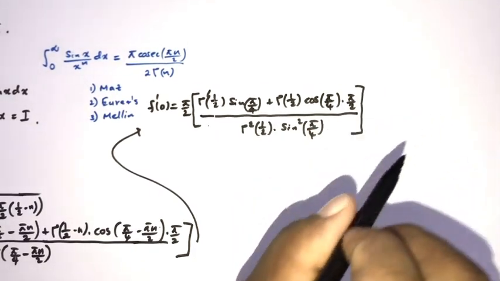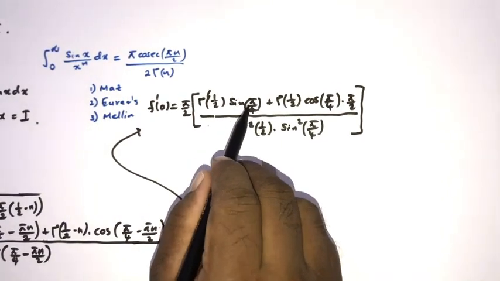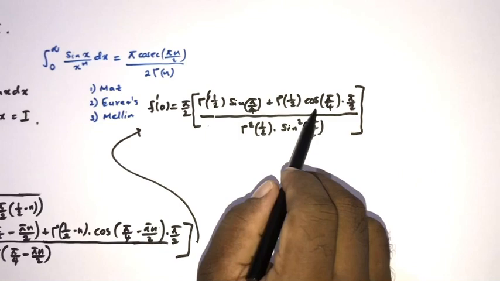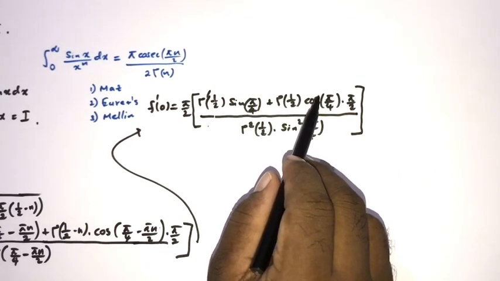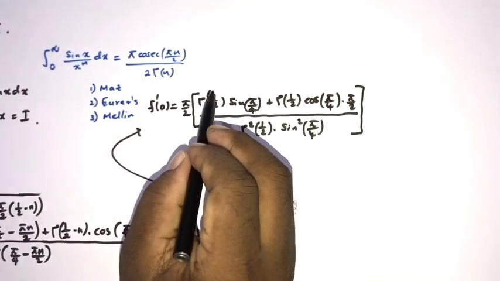Sine of pi over 4 is 1 over square root of 2, and cosine of pi over 4 is also 1 over square root of 2. Now we need gamma dash of 1/2.